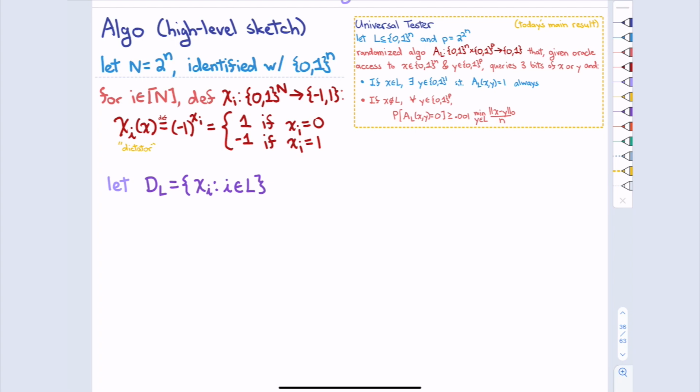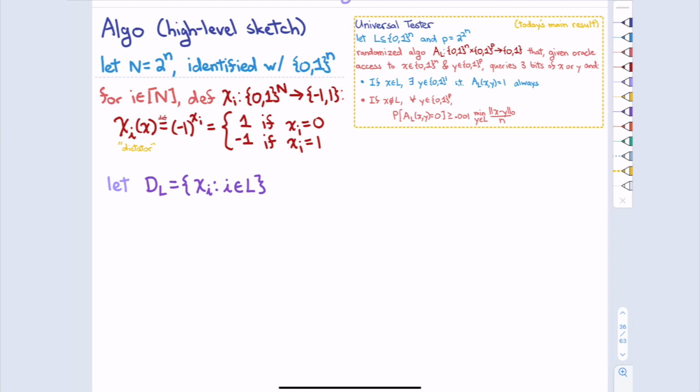So I can think of everything in L as being an index, a number between 1 and capital N. That's why I say for every i in L, so for everything in the language, but treated as an index, we have a dictator function. Okay, so there's some difference in scale going on.